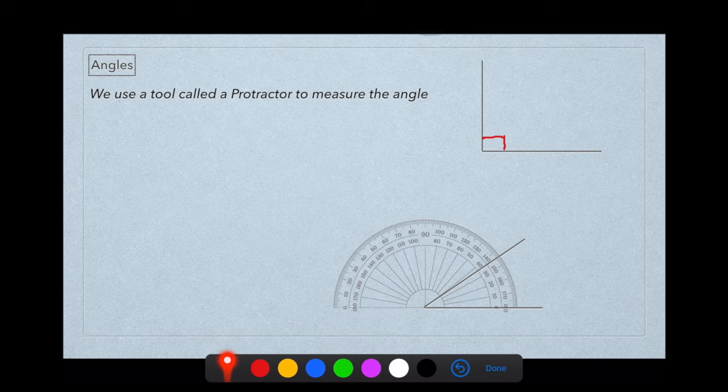Some students start from the correct place, but when it comes to reading, they read the other side. Now you need to be careful that this 145 here is the corresponding measurement for the left zero, while we were working with the right zero here. So we will end by 0, 10, 20, 30, and almost 35 degrees.